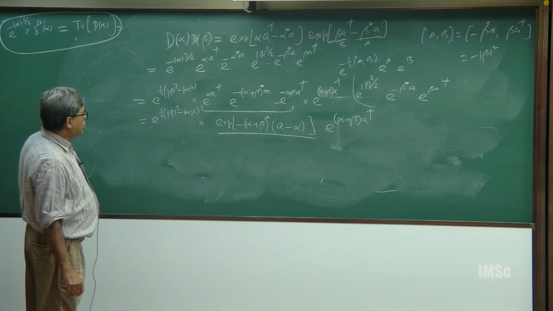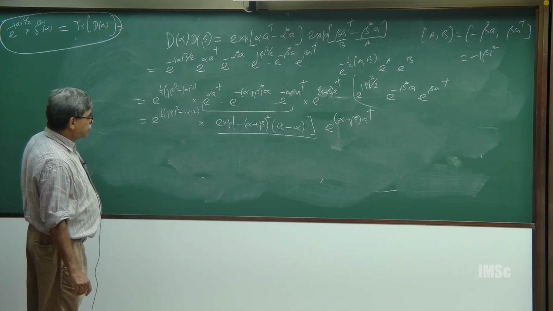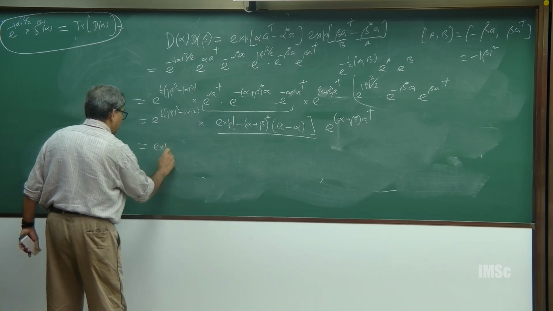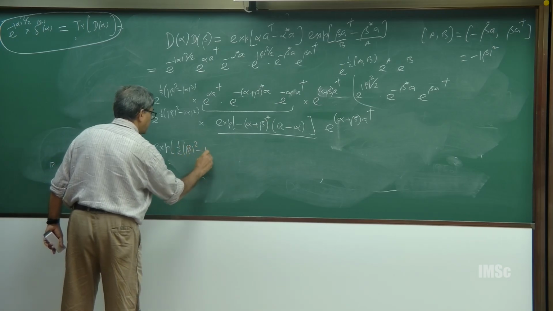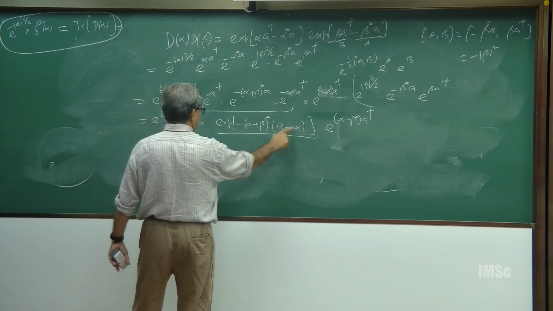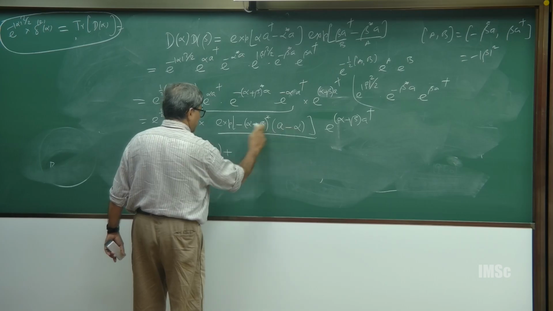Okay, now I should be a bit careful. So, this is exponential of half beta square, mod beta square minus mod alpha square, and then from this side I will have plus, this is alpha into this.